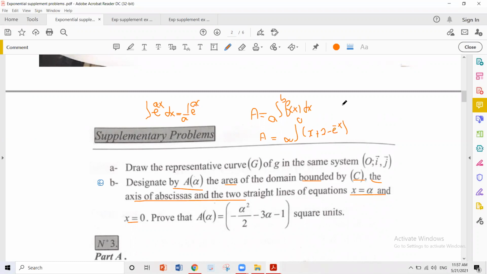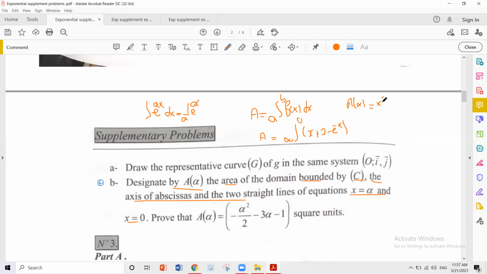What will A alpha be here? What is the integration of x?